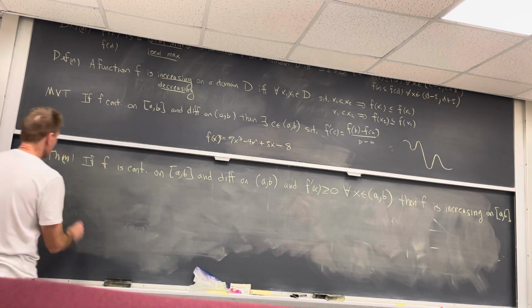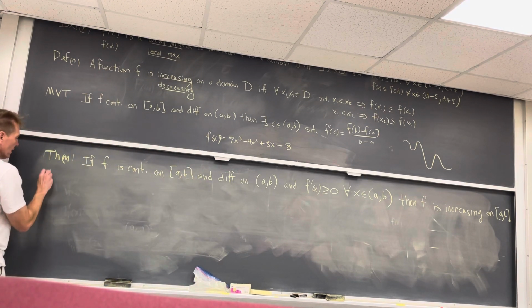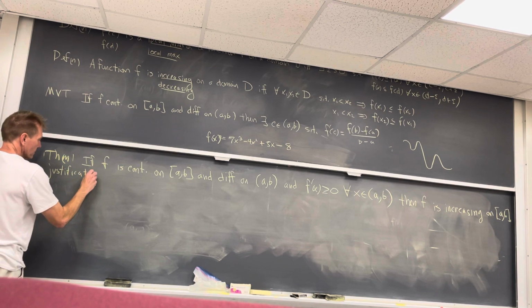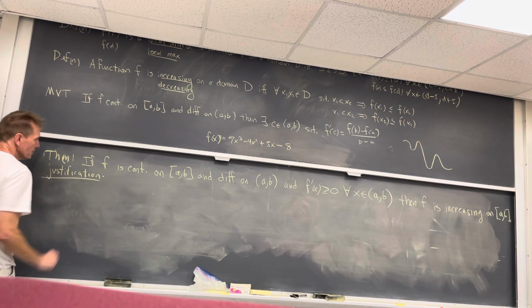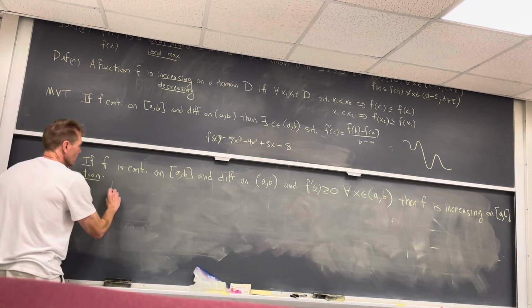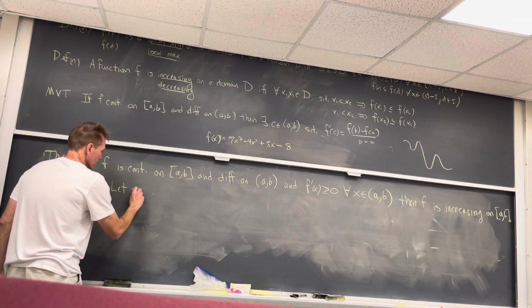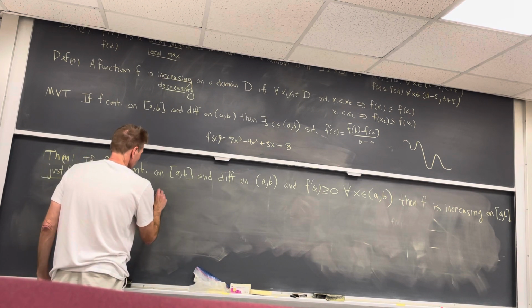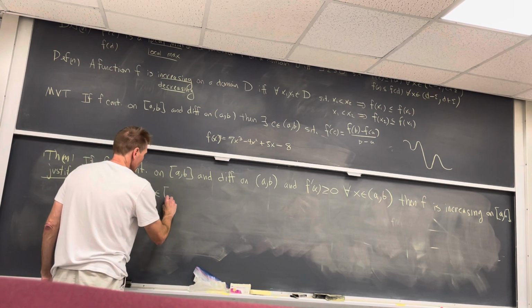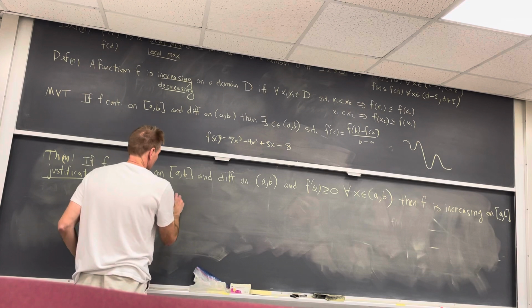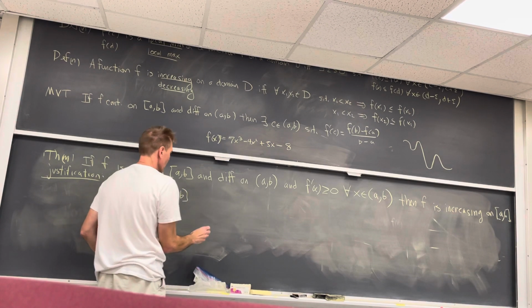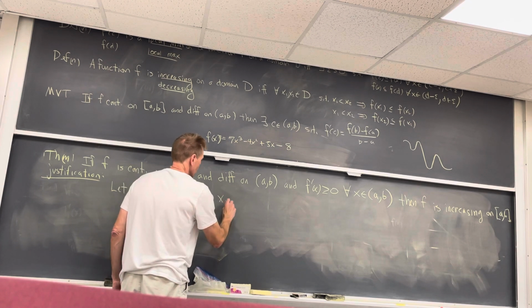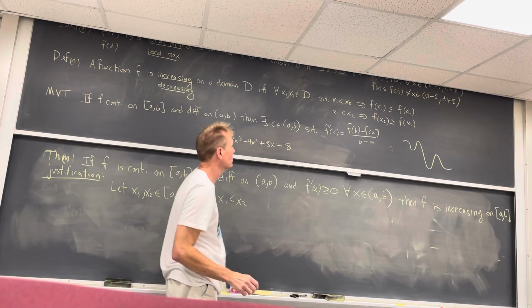Okay, so what we're going to say here, this is going to be my justification. I'm going to get lazy, so I'm not going to call it a proof. My justification. So I'm going to just say, let x1 and x2 be elements of the closed interval AB such that x1 is less than x2, okay?